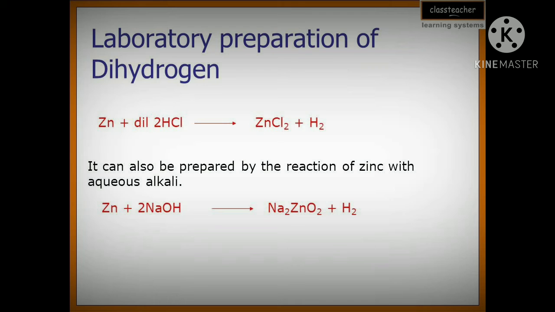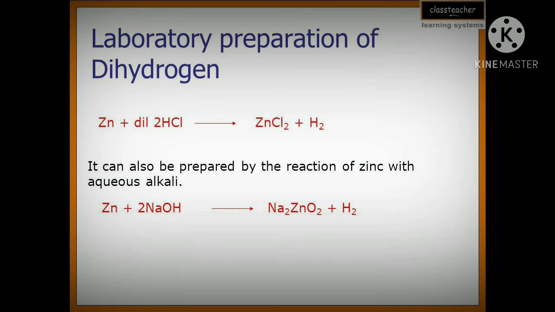Washer bottle 3 contains potassium hydroxide solution, which absorbs the impurities nitrogen dioxide, carbon dioxide and sulfur dioxide. And U-tube 4 contains anhydrous calcium chloride, which absorbs the impurity moisture.